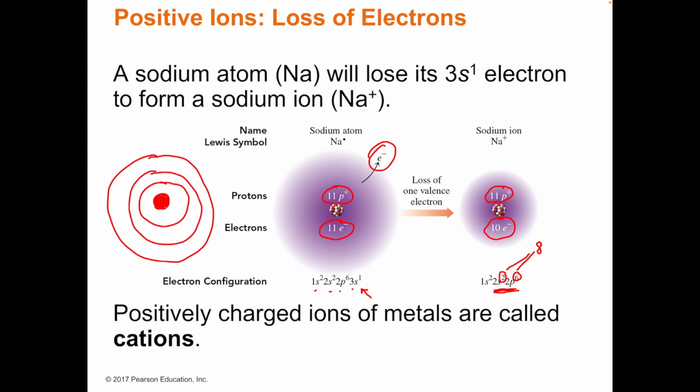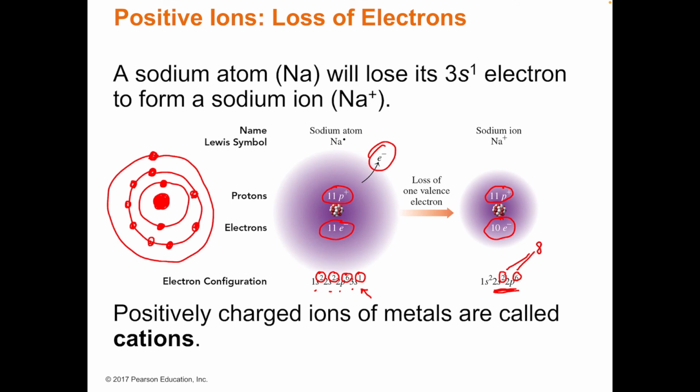There are 2 electrons in the first energy level, and then we have 2 electrons in our second energy level, plus another 6 in our second energy level. And then we have 1 in our third energy level. Okay, so that would be a neutral sodium atom.